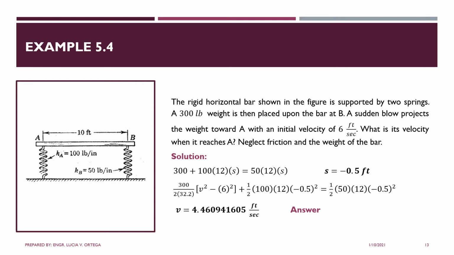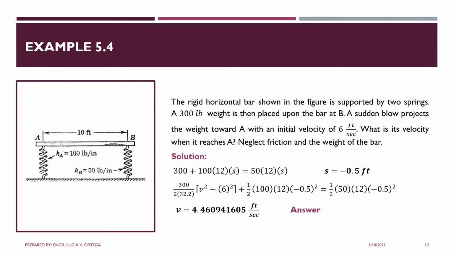That is the total force acting at A. It is equal to the force here when the block is here, 50 times 12, to convert this to pounds per foot, times the deformation of the spring. Equating the two, the deformation of the spring is negative 0.5 feet. It's negative, definitely, because it will be compressed. When the block is at A, this is a rigid bar, so it will remain horizontal. That's why the force here is equal to the force here.